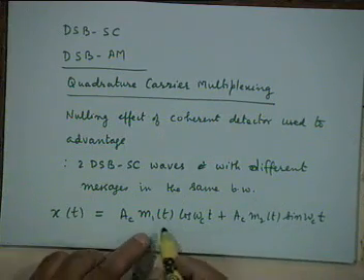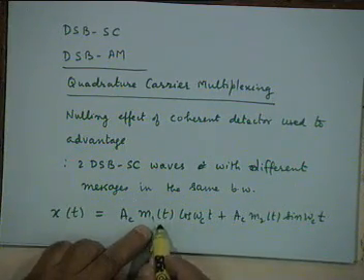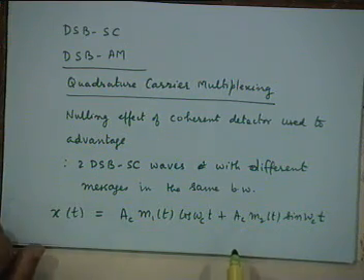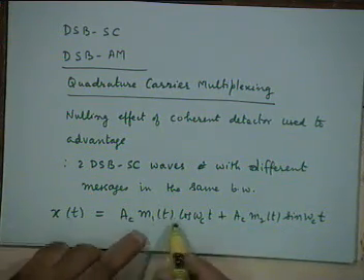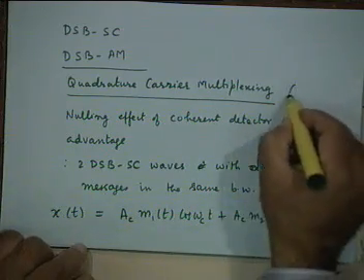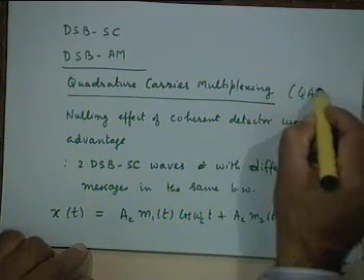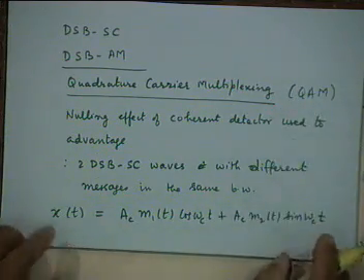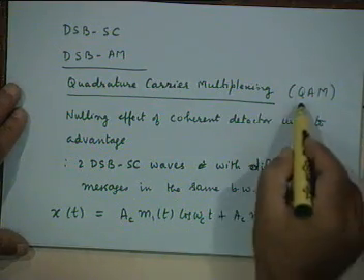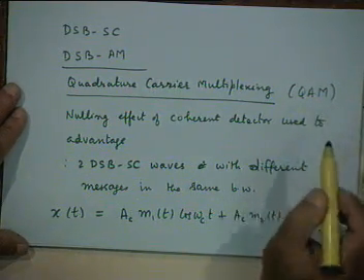Then I can reconstruct m1(t) separately, independent of m2(t), and vice versa. So basically I have multiplexed two message waveforms onto the same carrier. This we call quadrature carrier multiplexing, or quadrature amplitude modulation, QAM.